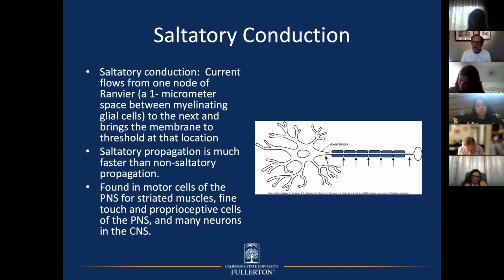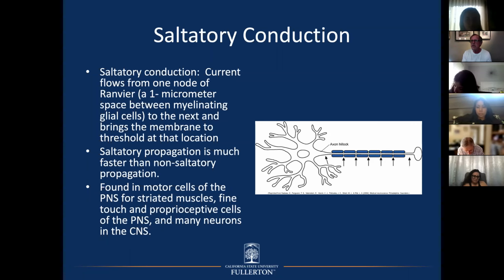But then once it gets to threshold, you get the current flow, and the current jumps to the next segment and brings it. So it goes faster. How fast does electricity go? It's about the speed of light. So your action potential will go at its physiological rate within the nodes, but at almost the speed of light between the nodes. Why? Because electricity is carrying it down.